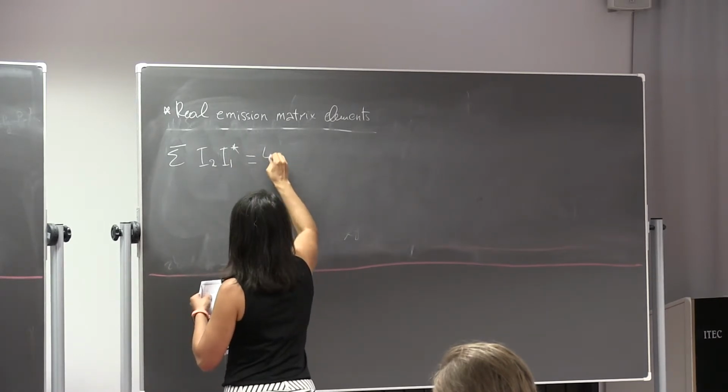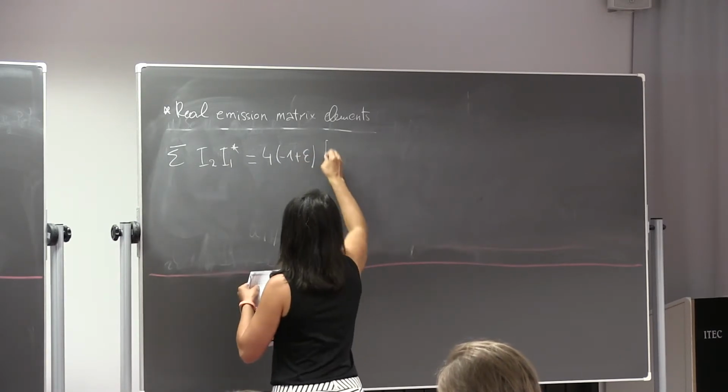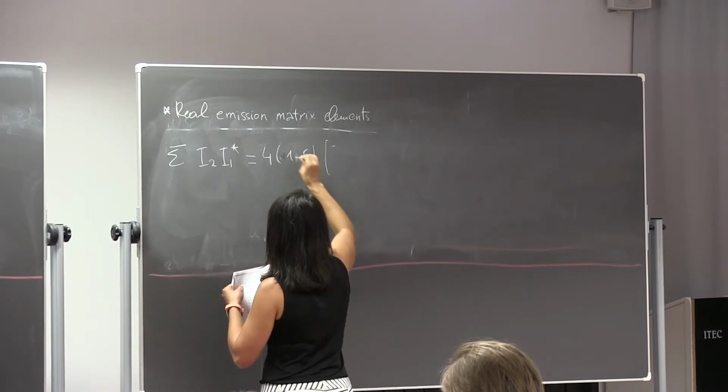So this is 4 times minus 1 plus epsilon. I can write as 1 minus epsilon here.